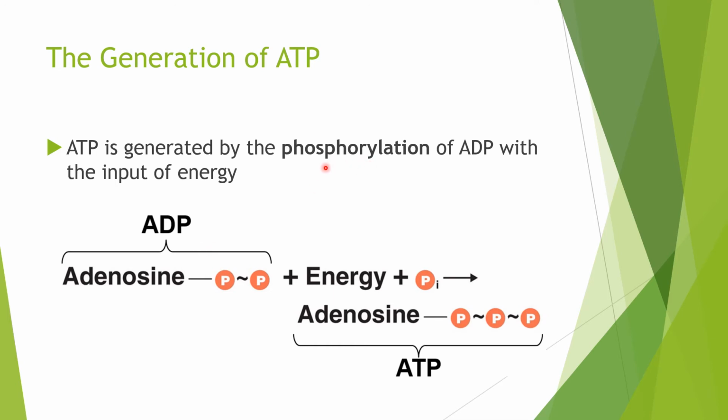So phosphorylation is whenever you're adding a phosphate. So right here, ADP is about to become phosphorylated because that P is going to bind one more time to it, and we can get our ATP back, our adenosine triphosphate. And as we saw in the previous image, that reaction is basically going to cycle, and we can get ATP, break it down, and then basically rebuild it by phosphorylating the ADP.